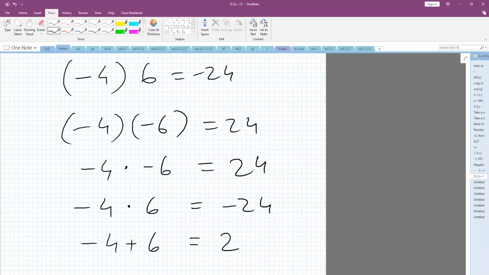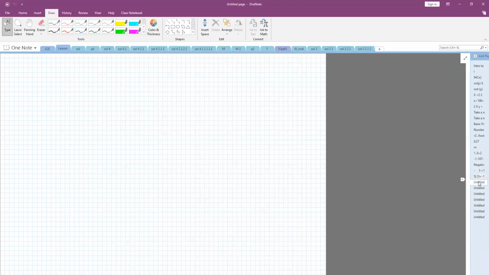Right? Yeah. So this is about the negative number, and actually what happens is when you do division with the negative number, the same rule also applies.